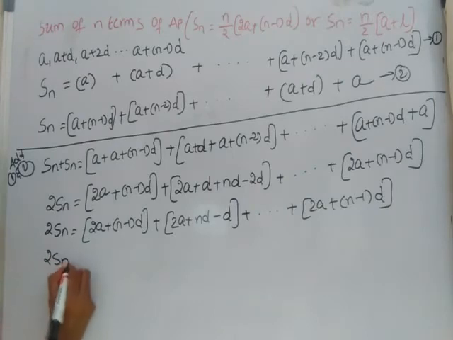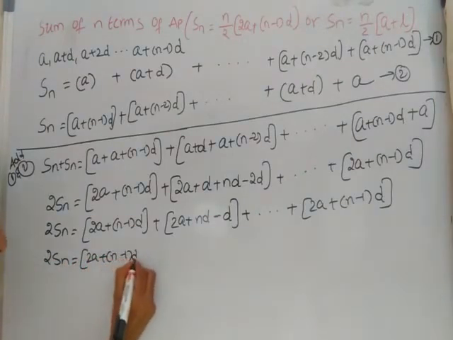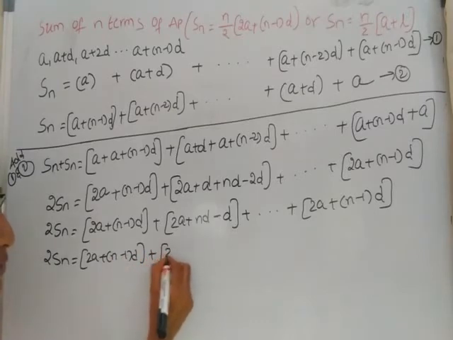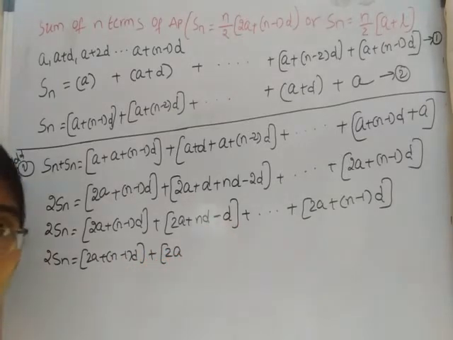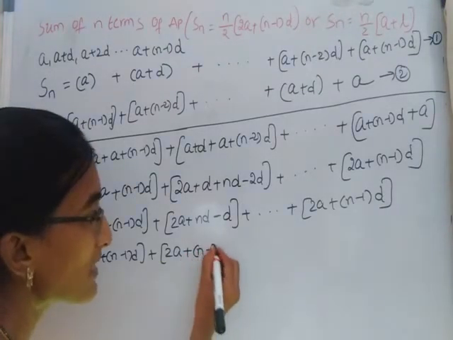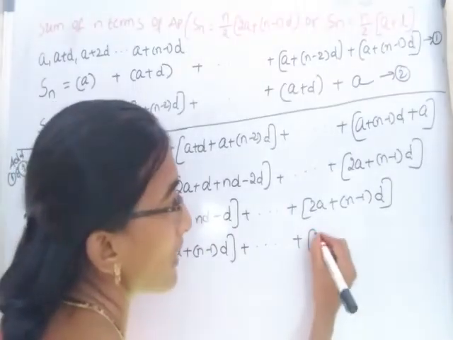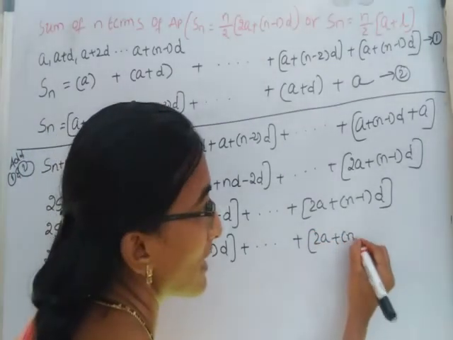Therefore 2Sn is equal to 2a plus n minus 1 into d plus 2a. In these two terms take d as common, then 2a plus n minus 1 into d plus and so on. Here also 2a plus n minus 1 into d.